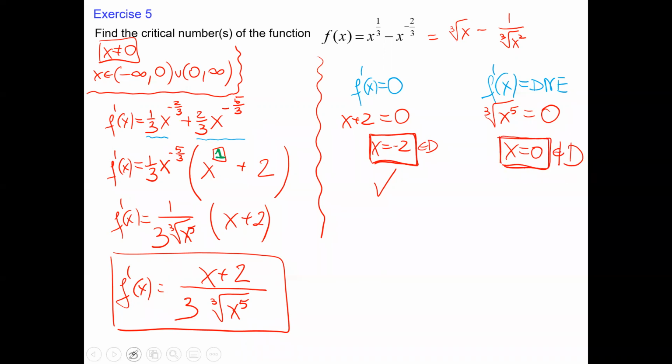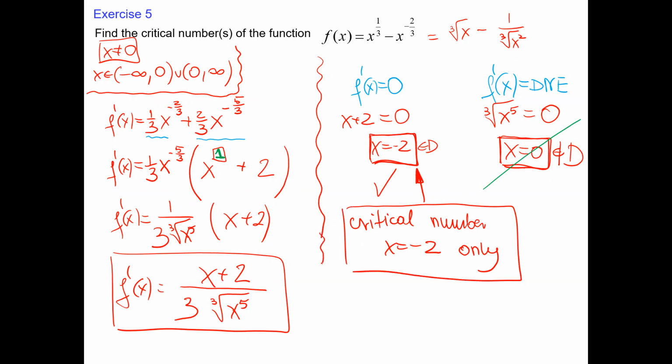Okay, we will not accept it. We did our work and we have to do it, but that's not a critical number. The only critical number is x equals negative 2 only.